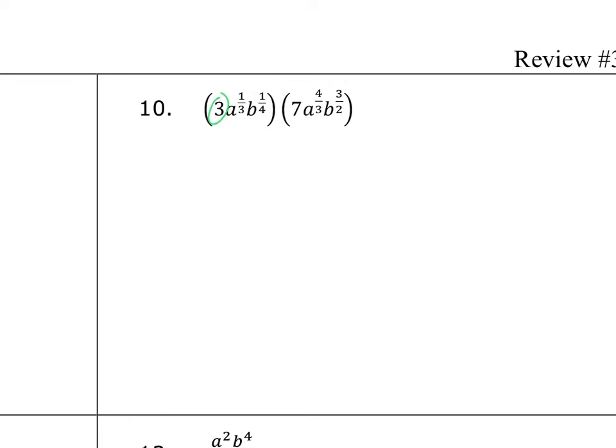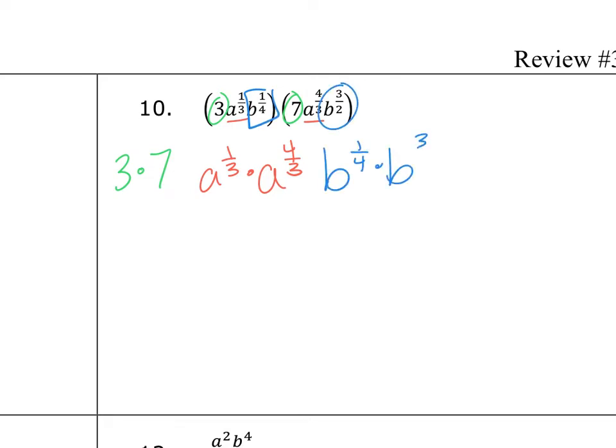Problem 10, I'm going to break it up with my numbers first, 3 and 7. My a's, I have 1/3 and 4/3 over here. And then b's, I have 1/4 and 3/2. So 3 times 7 is 21.